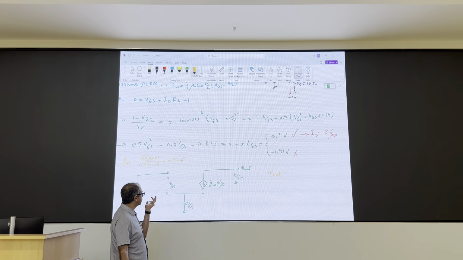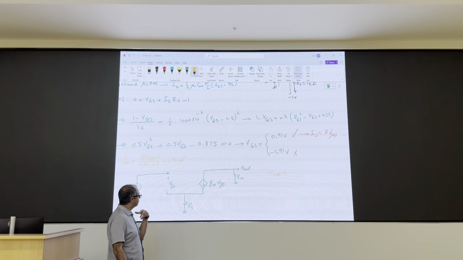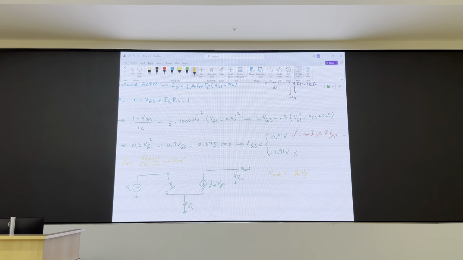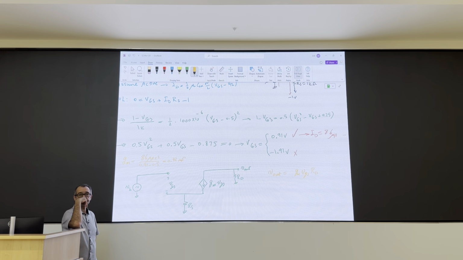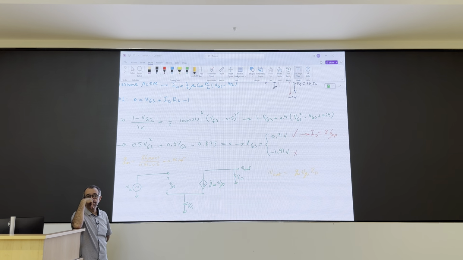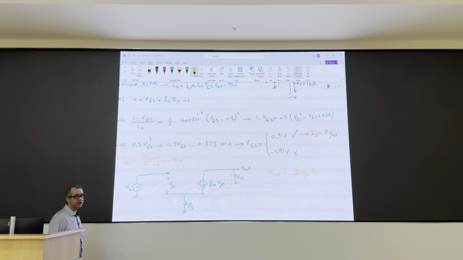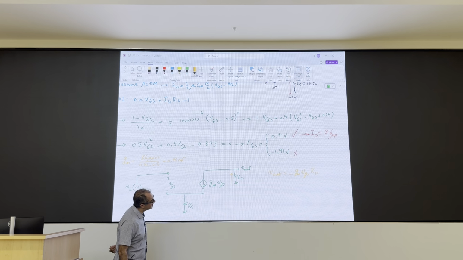So what is the small signal ID? GM VGS times RD, right? That's the current times the resistance. Is there a negative sign? Negative. We're going up this resistor. Okay, so minus GM VGS RD.